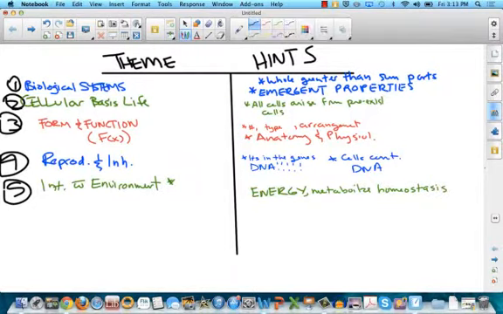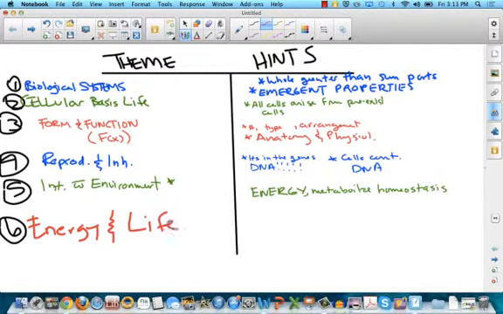Okay. 6. Energy and life. Notice how this kind of stems from the previous one. Life forms cannot exist without the energy of life. This is the whole idea of producers, consumers, and decomposers.